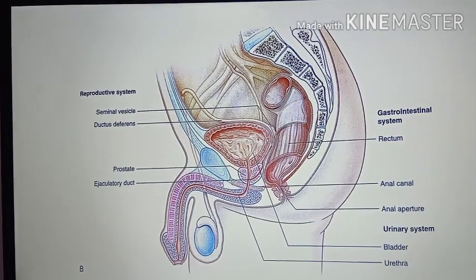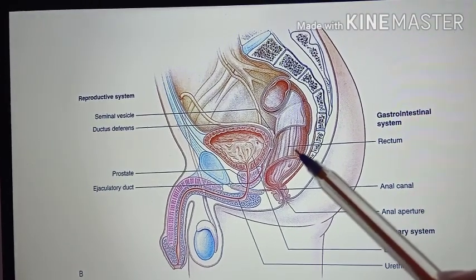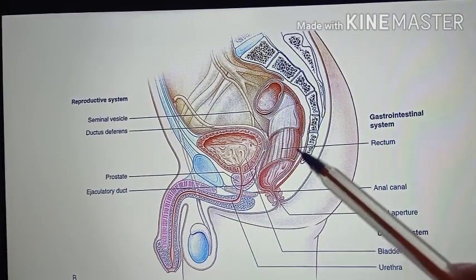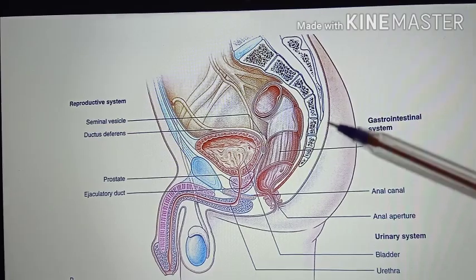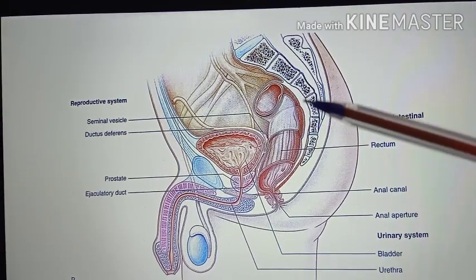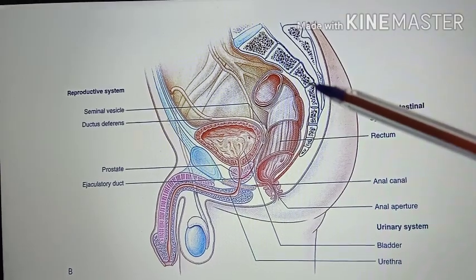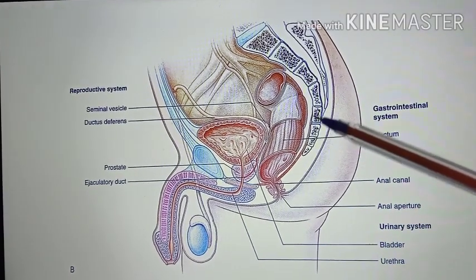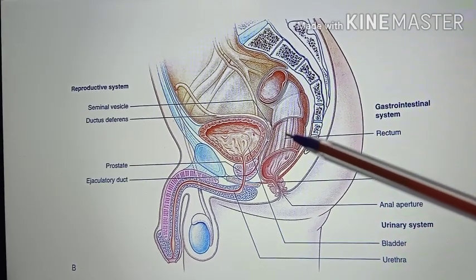So coming to the situation of the rectum, it is situated in the posterior part of the lesser pelvis in front of the lower 3 pieces of the sacral vertebrae and the coccyx, and behind the urinary bladder in the male.